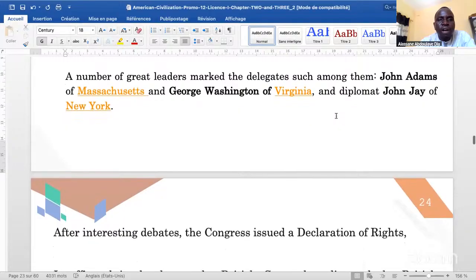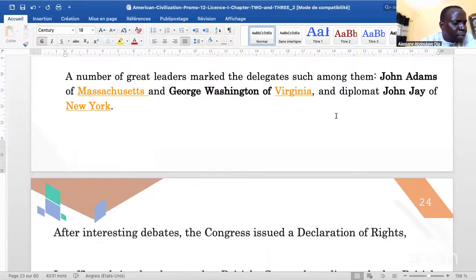A number of great leaders marked the delegates, among them John Adams of Massachusetts. If I ask you to give me names of people who marked the American Revolution, at the Continental Congress you have John Adams from Massachusetts, you have George Washington of Virginia, and diplomat John Jay from New York.